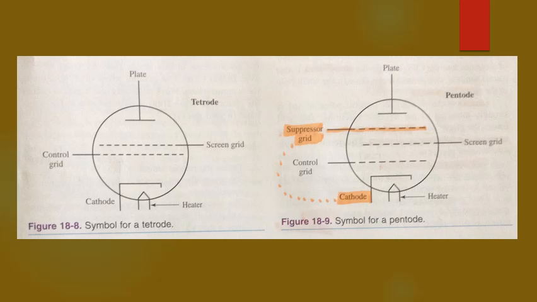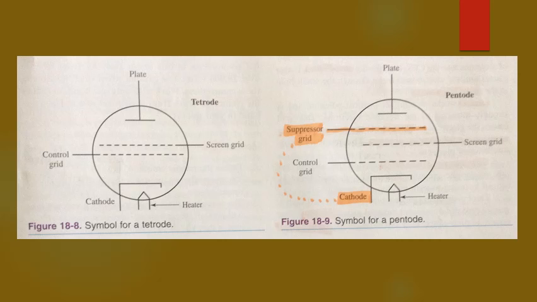A DC voltage, slightly less in value than the plate voltage, is applied to the screen grid. The screen grid increases the speed of the electrons passing between cathode and plate. Some electrons are attracted to the screen grid, causing a current to flow in the screen circuit. However, most electrons pass through the screen to the plate.